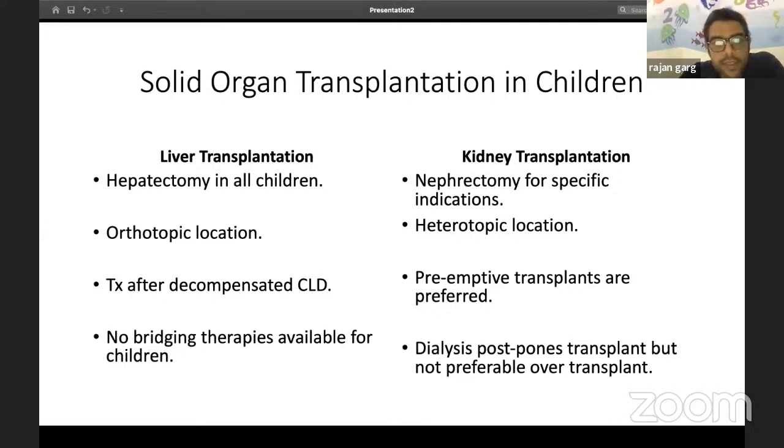The second difference is that in cases of kidney transplantation, there is an option of dialysis for the patients, so they can prolong their life as long as they want. And usually people will opt for that option of dialysis. The parents feel that dialysis is also an equally effective option for the patient, but it is not so.